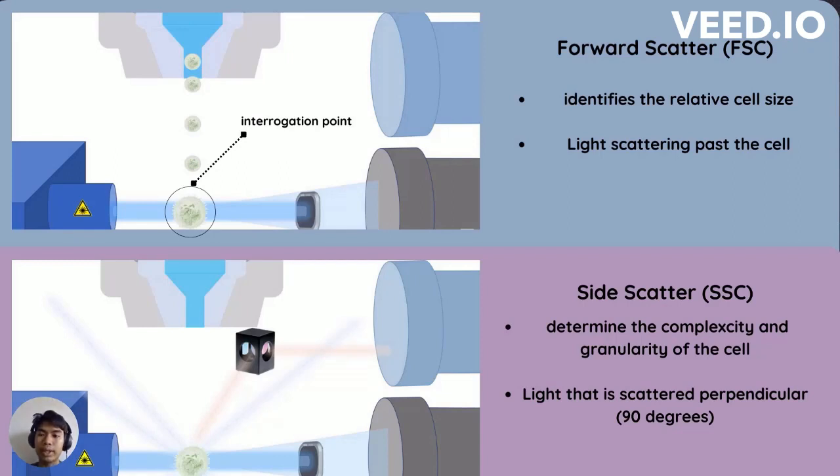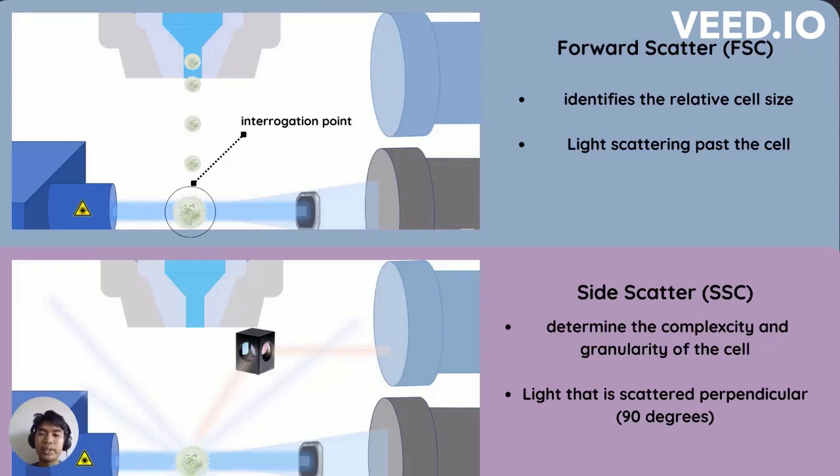The first one is the forward scatter, where the light will scatter past the cell. The light scattering past the cell typically identifies the relative cell size. The intensity measured on the light scatter detector correlates with the diameter of our sample. For example, differentiating between white blood cells is one area where forward scatter plays a role.